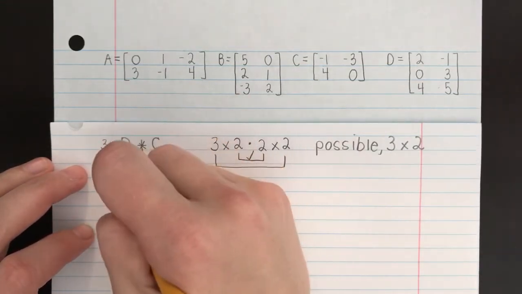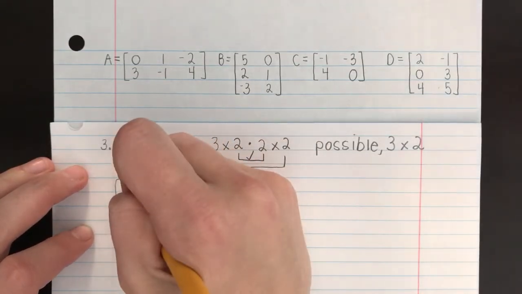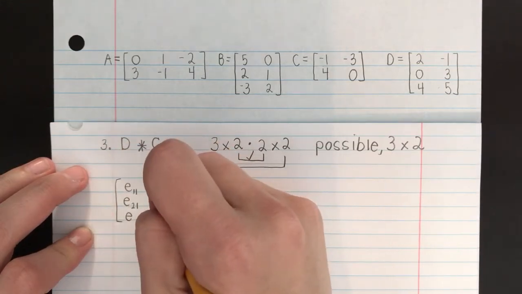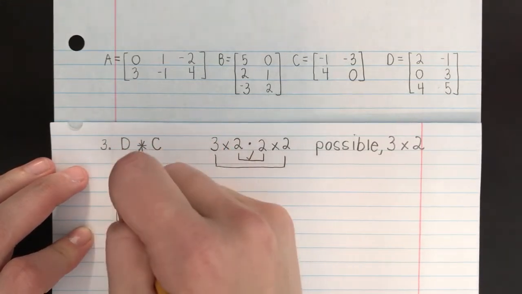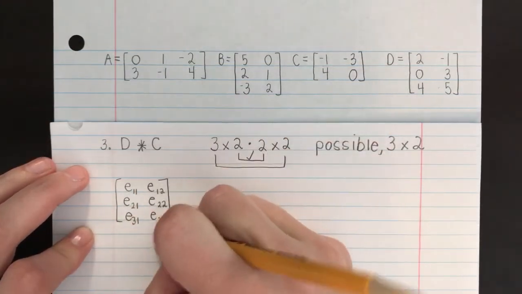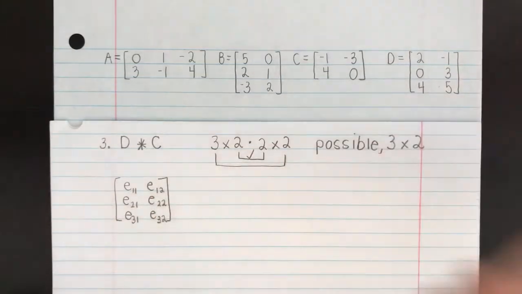Okay, so E, 3 rows, 2 columns. This is row 1, column 1, row 1, column 2, row 2, column 1, row 2, column 2, row 3, column 1, row 3, column 2, okay?